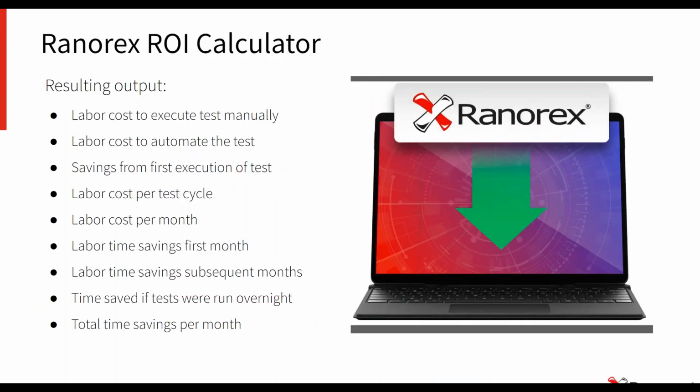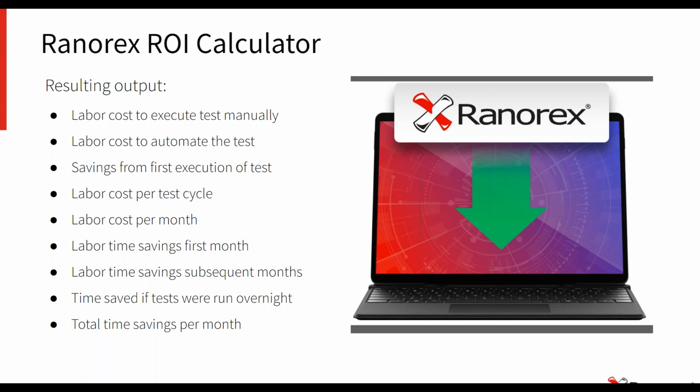So looking at our ROI calculator, we talked about how we'll be inputting some of the labor costs, the number of testers and the test runs. We'll see that in a minute. But let's just talk real quickly about some of the outputs that you'll see. You're going to see the labor cost to run the test manually, and then also the cost to automate the test. And then you're going to see the savings of that first execution run.